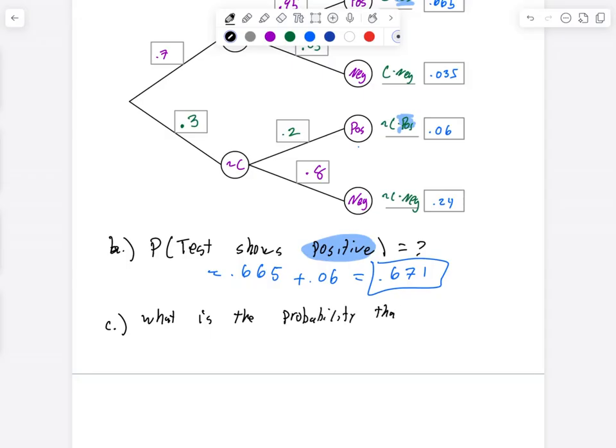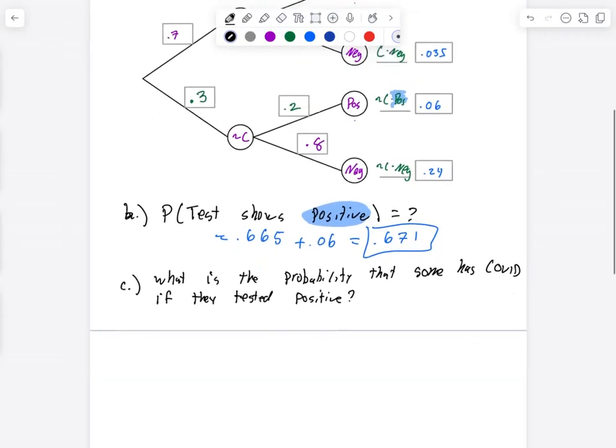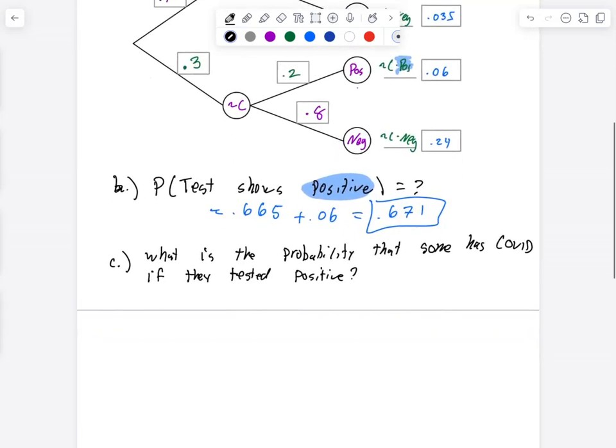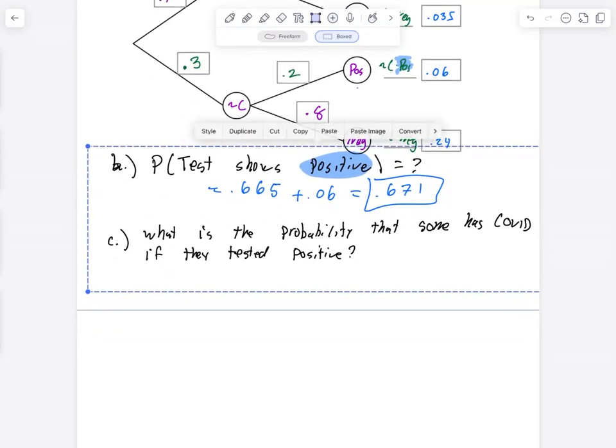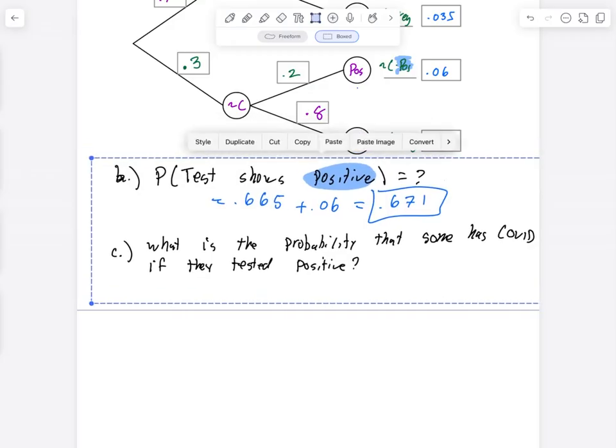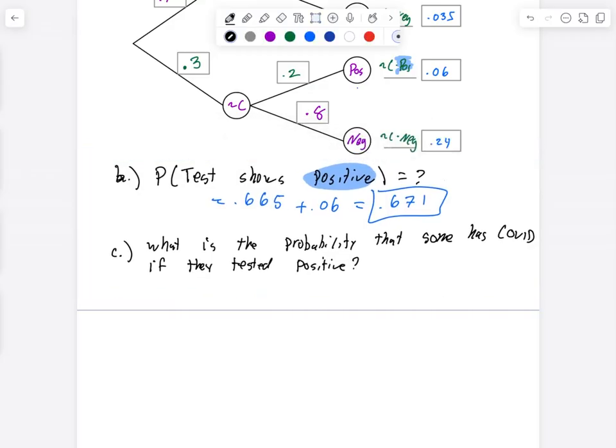So what do we know? 0.665. This is the probability that they have COVID given what? They tested positive. Given that they tested positive. So, almost, Sam. I think you are correct on the numbers we're going to use.